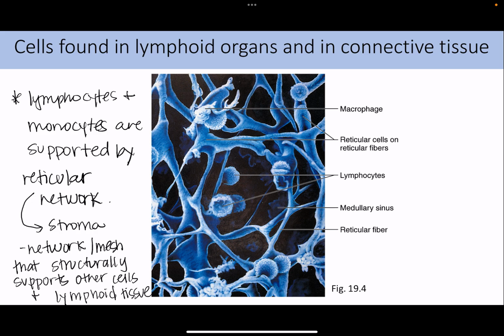So what the stroma does, it makes all of these reticular fibers so that the lymphocytes and the monocytes have something to be anchored to. So they're just not free floating in the fluid. Okay, because they're going to much more easily mount a response if they have something to structurally support them to do so.